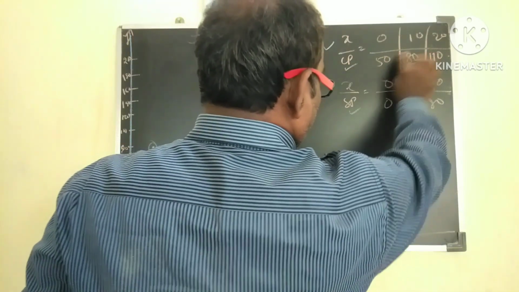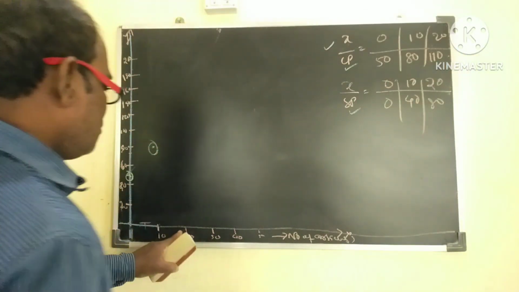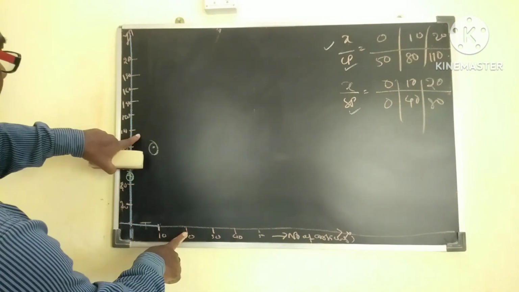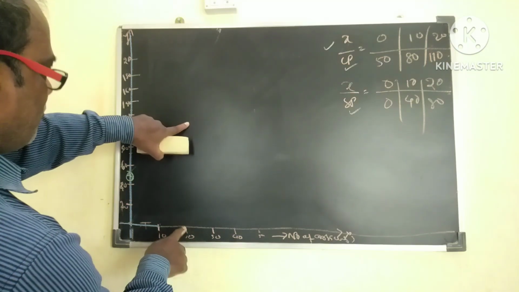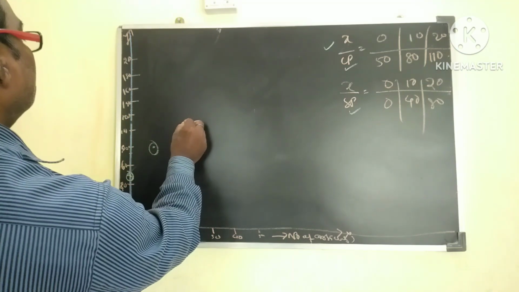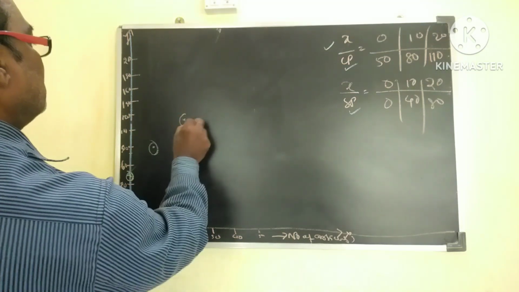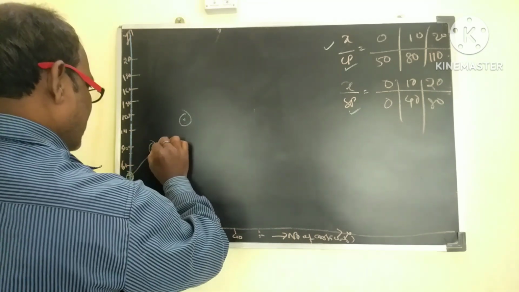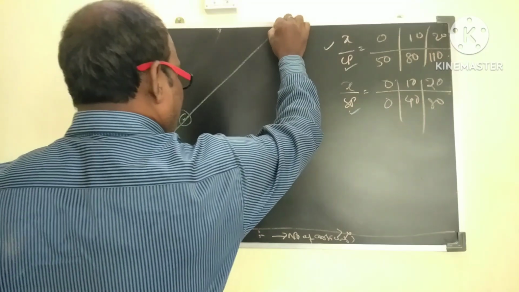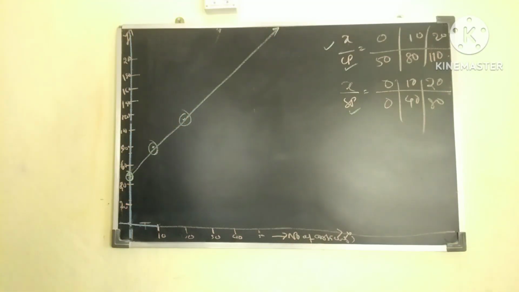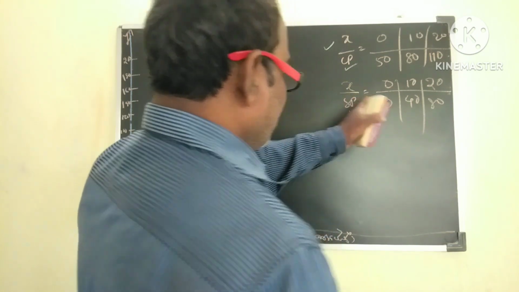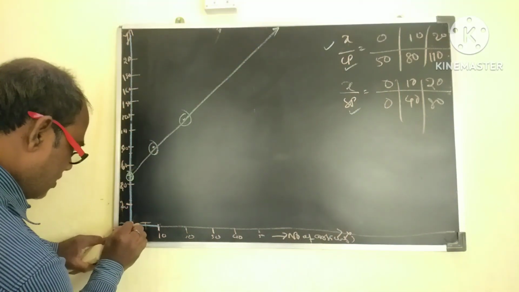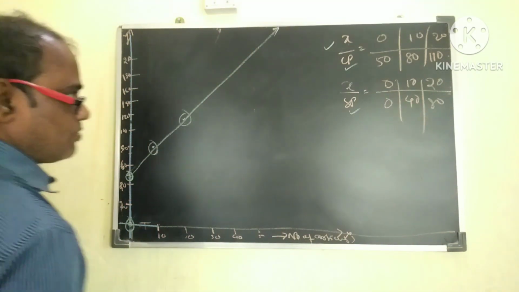Then x is 20 and it is 110. This is 20 and this is 100, so 110 will lie somewhere over here. So finally, if we join these, we get a line in this direction. Now the second graph: x is equal to 0, selling price is 0, so this point is 0, 0.